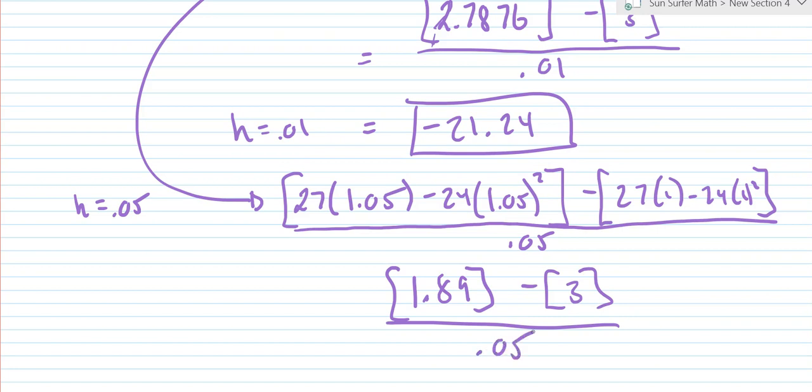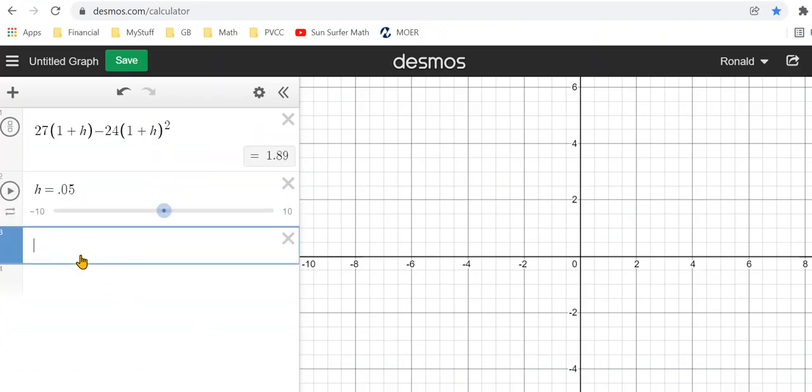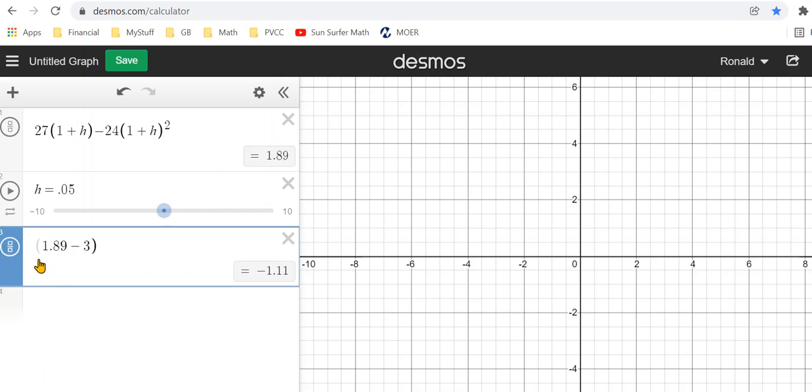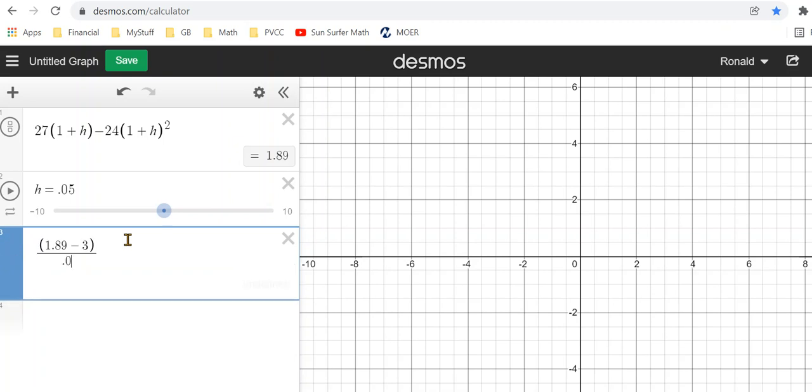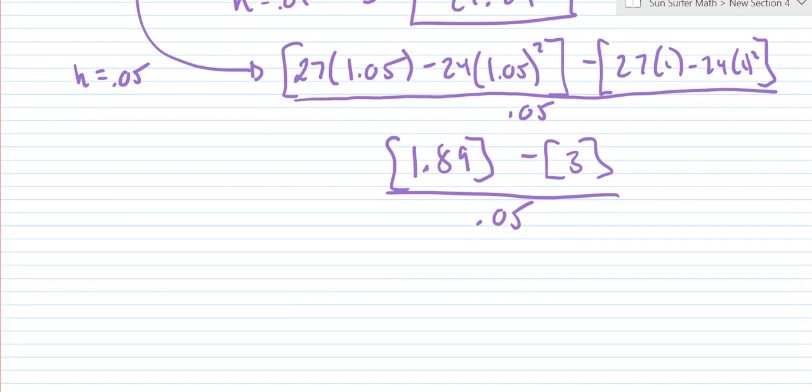So let's just go to Desmos and see what that's going to be. 1.89 minus 3. And then if we put that all in parentheses and then say divided by 0.05, our answer is negative 22.2.